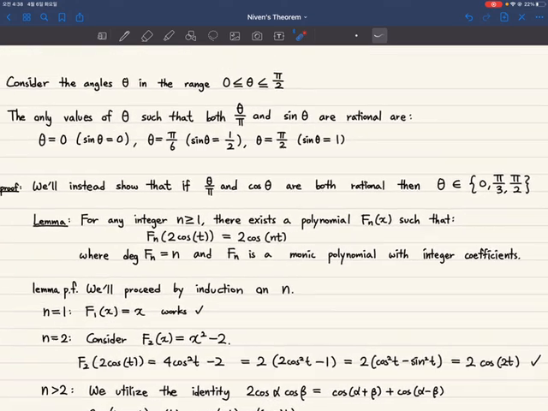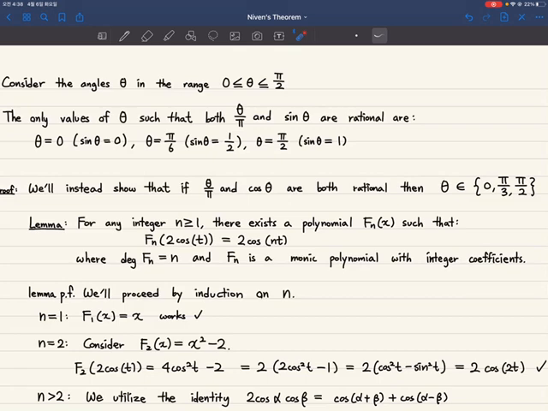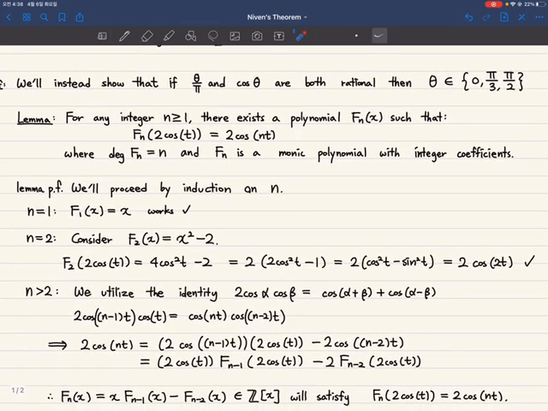Now for general n, we're going to generate a recursive formula. First of all, recall the identity: 2 times cosine alpha times cosine beta equals cosine of alpha plus beta plus cosine of alpha minus beta. So this is a trig identity.